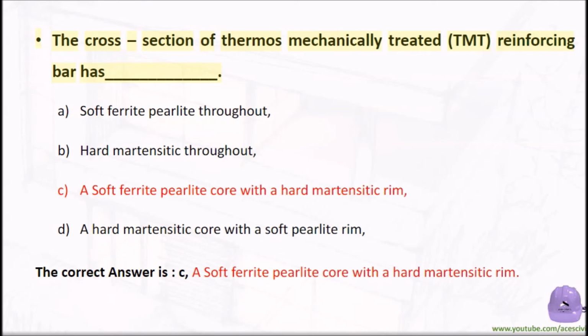The cross-section of a thermo-mechanically treated (TMT) reinforcing bar has: A. Soft ferrite-pearlite throughout, B. Hard martensitic throughout, C. A soft ferrite-pearlite core with a hard martensitic rim, D. A hard martensitic core with a soft pearlite rim. The correct answer is C. A soft ferrite-pearlite core with a hard martensitic rim.